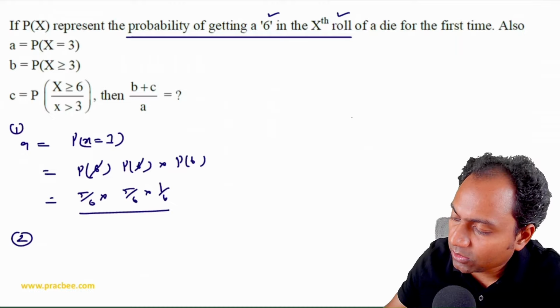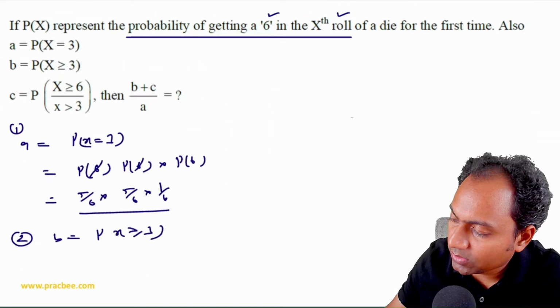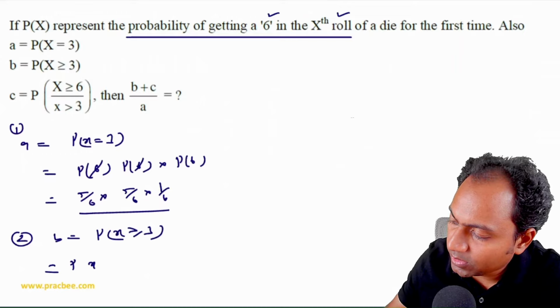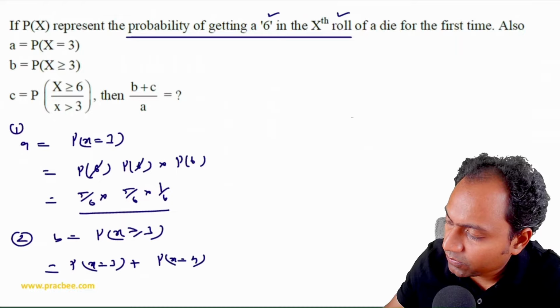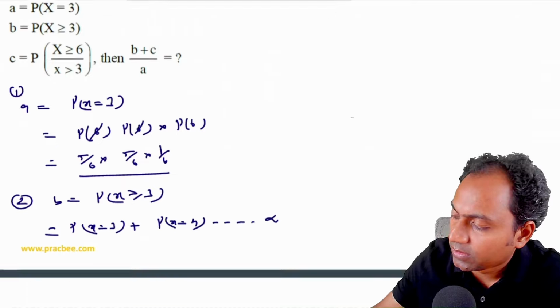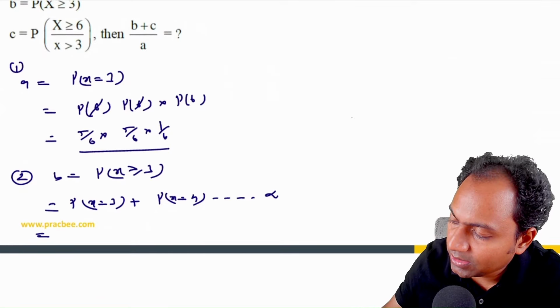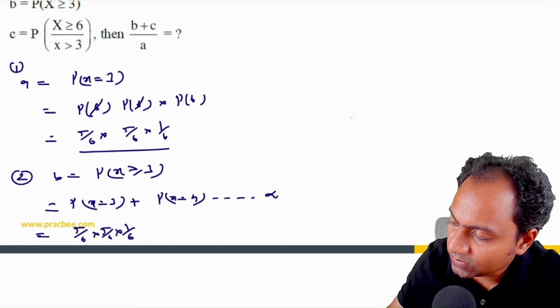The second part talks about the probability of x greater than or equal to 3. That would mean we can have probability of x equal to 3, then probability of x equal to 4, and so on and so forth till infinity. For 3 we can have first is not 6, second is not 6, but the last one is 6.